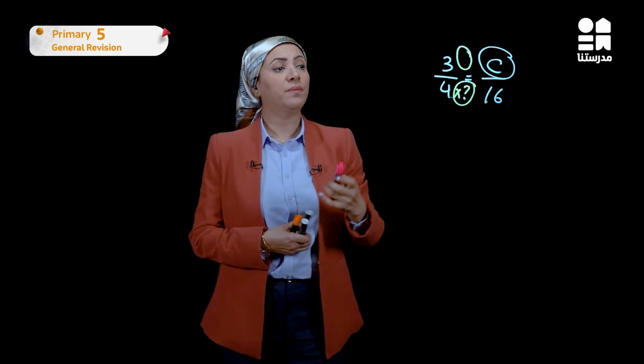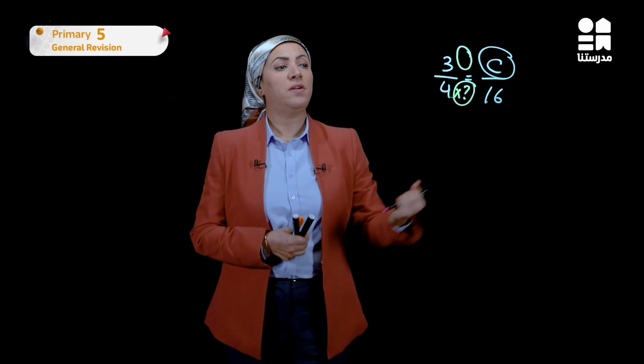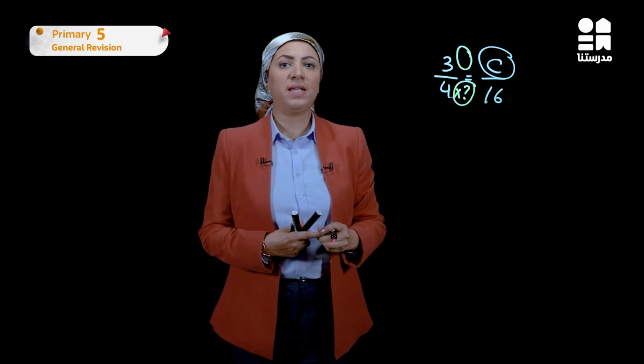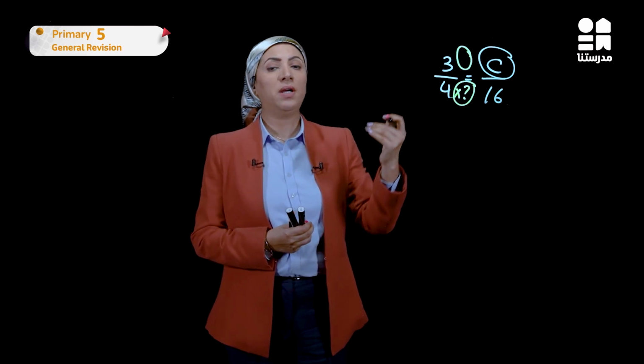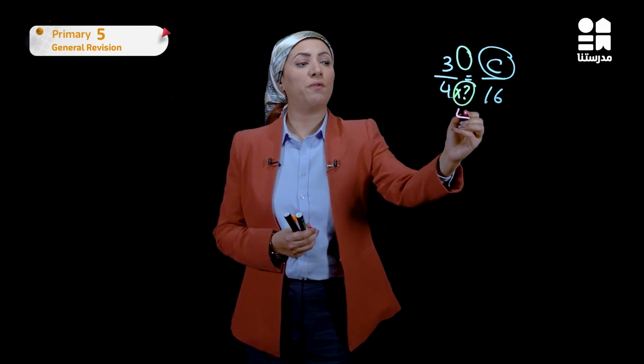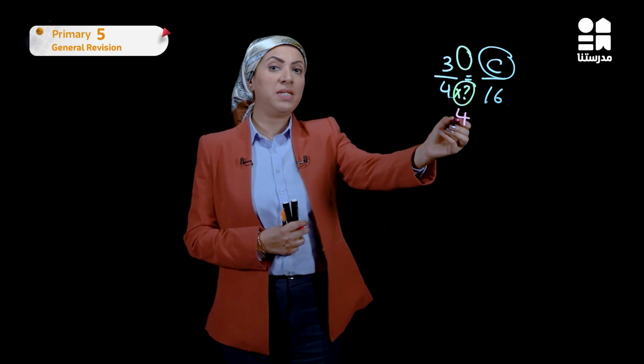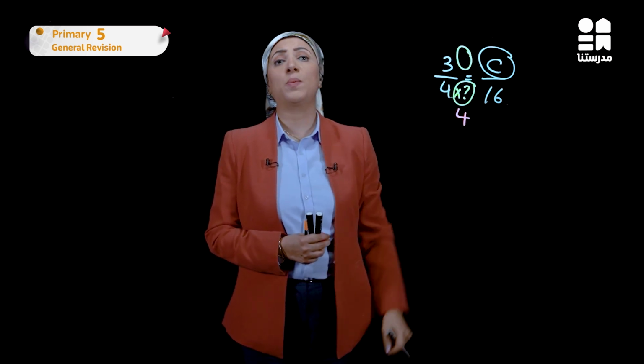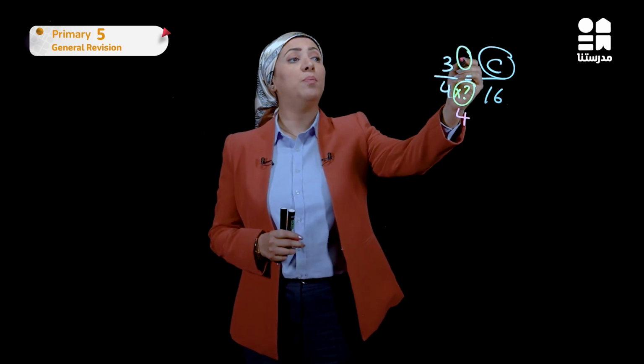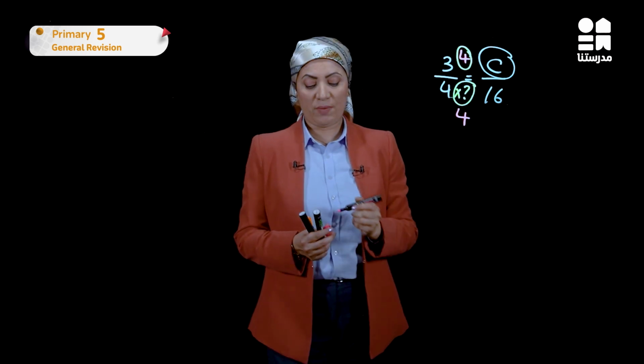So here, 4 times what gives me 16? So go back to table 4. It's 4 times 4. So 4 times 4 is 16. So if I multiply the denominator here by 4, I have to multiply the numerator as well by 4. Okay?